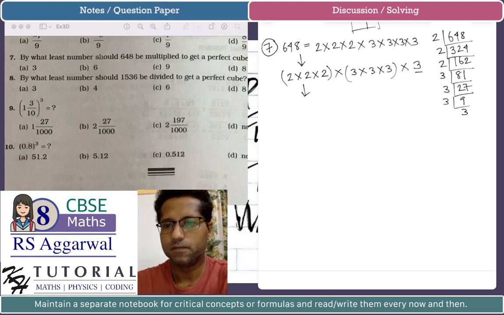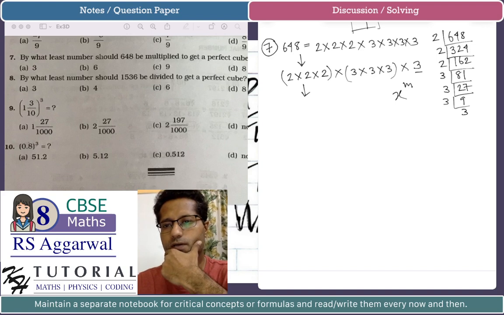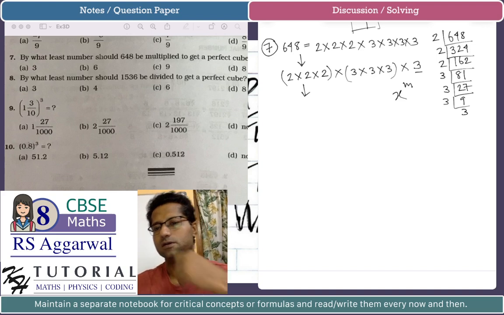If I refer to that power as x to the power m, where x is some prime factor, m can only be 1 or 2. So I have to identify all these x to the power m terms.